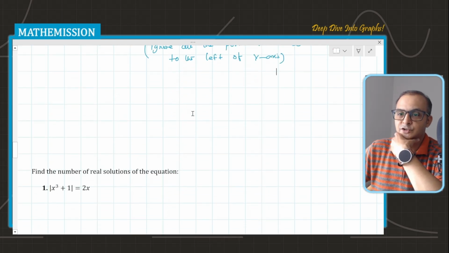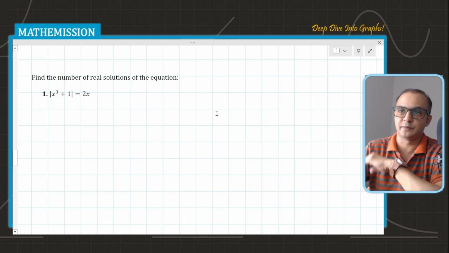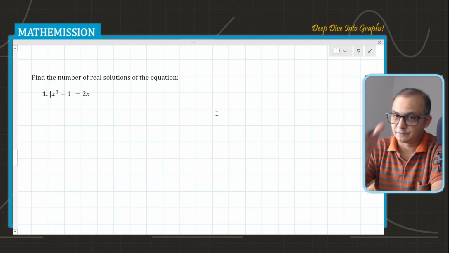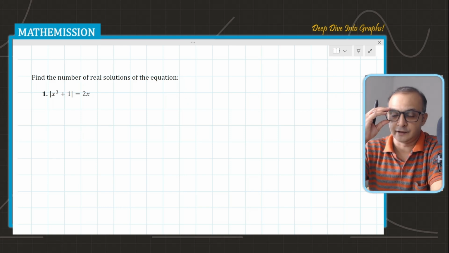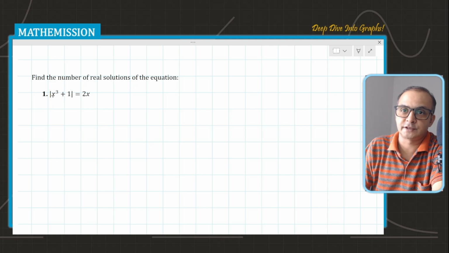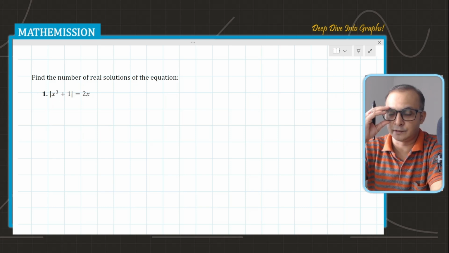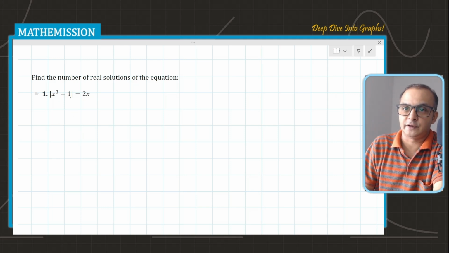Now let's do some questions, and we'll see how this modulus transformation is applied to solve the question graphically. So I have a question first. Question number 1 is |x cube plus 1| is 2x, and we have to find the number of solutions. So what we could do is draw the graph of x cube plus 1.